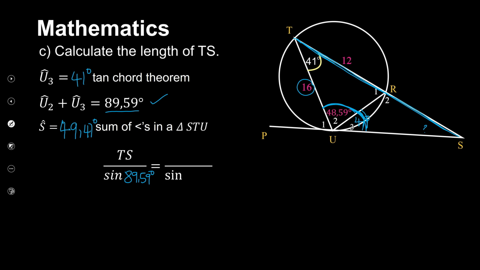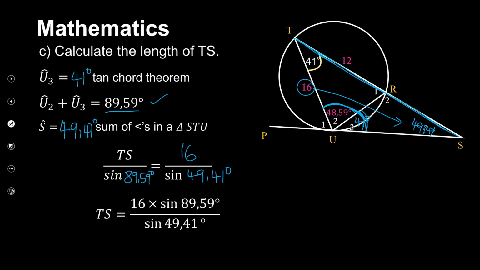So the other full pair we have in the big triangle, remember it's 16, and the angle across it, which was the angle S that we just found, which was 49,41. So it's going to be 16 over sine of 49,41 degrees. Okay, now we're going to rearrange that to make TS the subject of the formula. So it will be 16 times sine of 89,59 degrees divided by sine of 49,41. Put that into our calculator, and we end up with TS being approximately 21,07 centimeters.